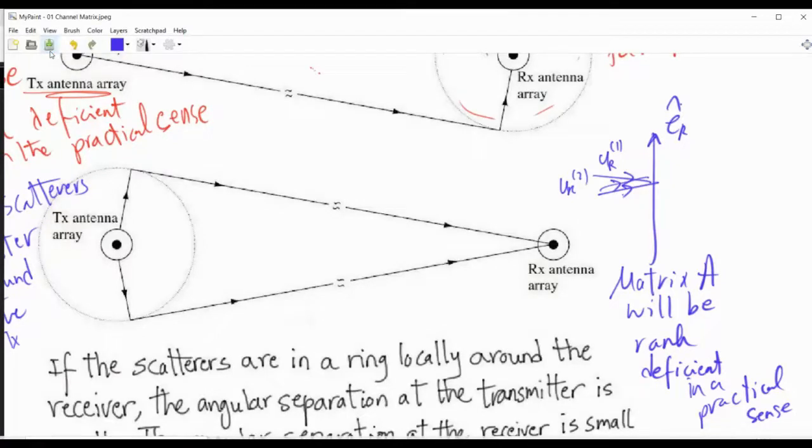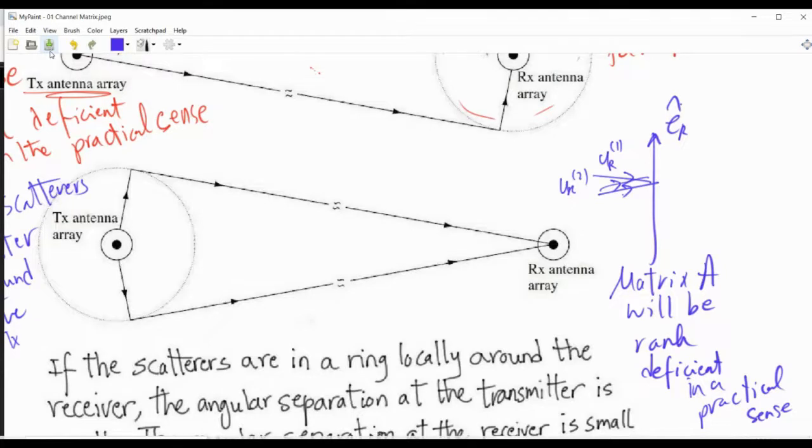To make matrix H with the highest rank possible, if you have enough scatterers in the environment, the highest possible rank of matrix H is the minimum of NR and NT. So how can we be sure that we can obtain this rank? You need many scatterers, but you need something else.